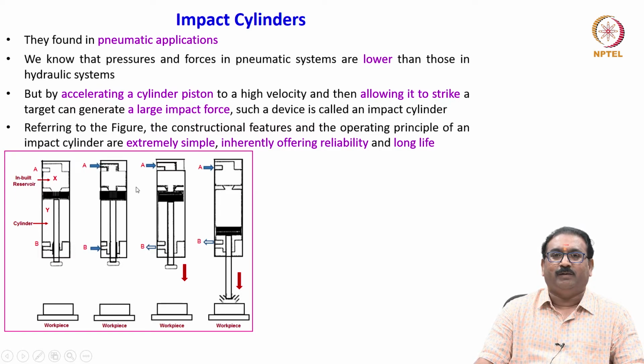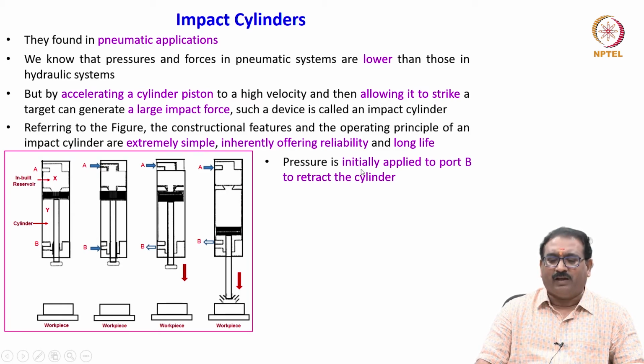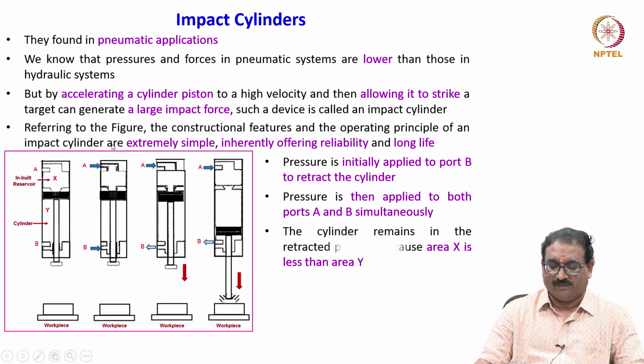The arrangement is very simple: a double acting cylinder, because it has two ports, and at the back side of the piston there is a reservoir. The pressure is initially applied to port B to retract the cylinder. The pressure is then applied to both ports simultaneously.